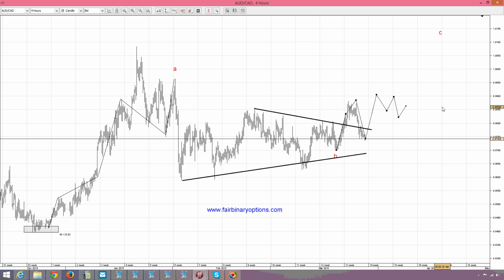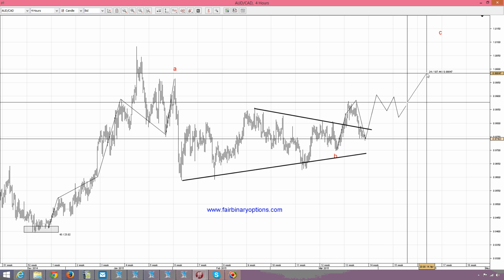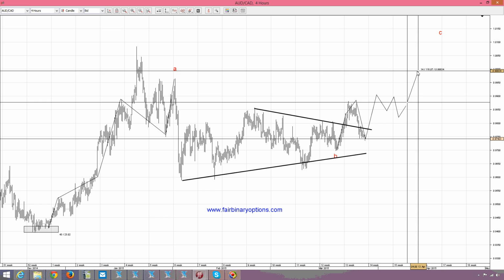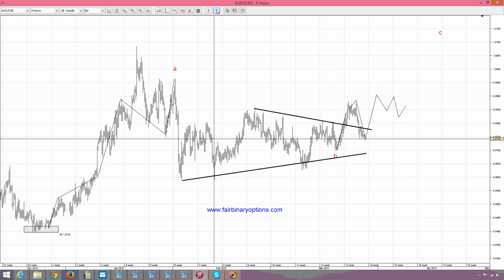And then you gotta go for the third wave, and the third wave to move with something like 61.8 of the first wave, and so on and so forth, in the end to reach almost parity for this fifth wave in the C type.